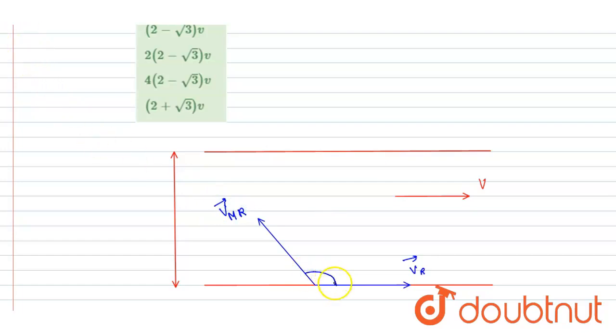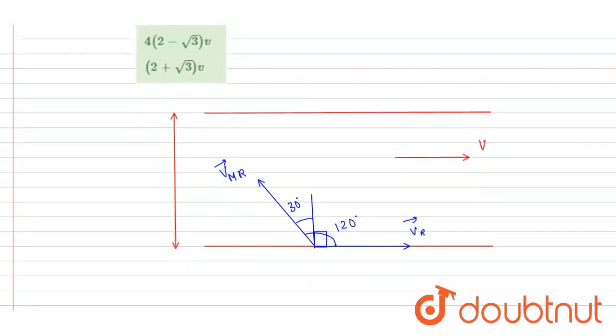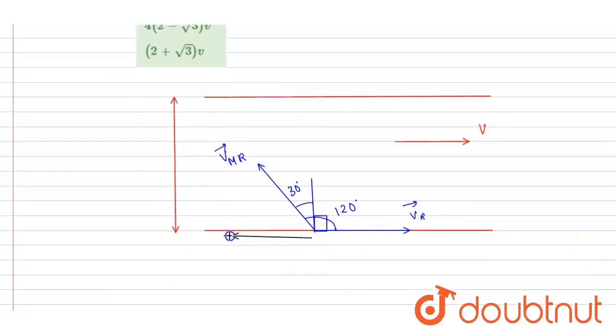This angle is 120 degree. So if I draw a straight line perpendicular to the bank, then this angle is 90, right? So this angle will be 120 minus 90, so it will be 30 degree, right? So you can break this VMR into components. This component will be sine 30 and this component will be cos 30, right?